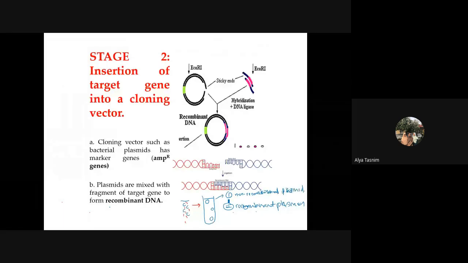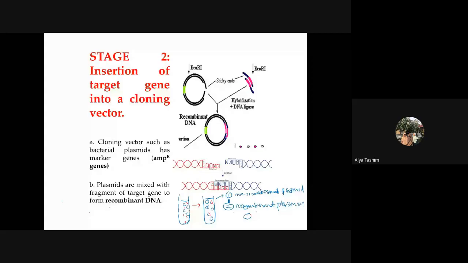Okay, recombinant plasmid. So ada dua possibility. Plasmid macam ni.